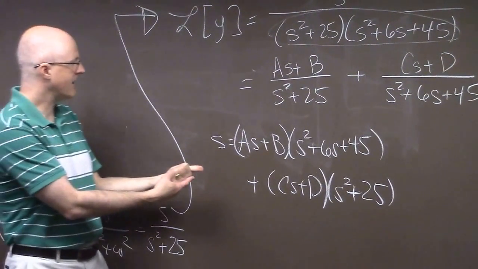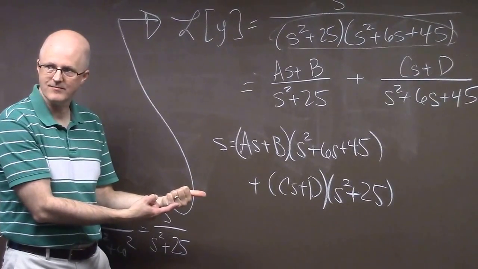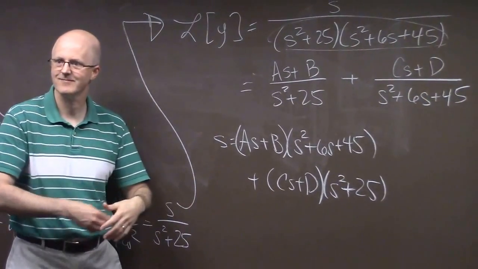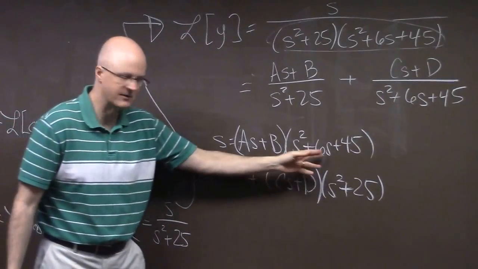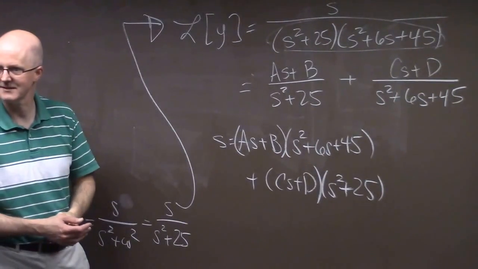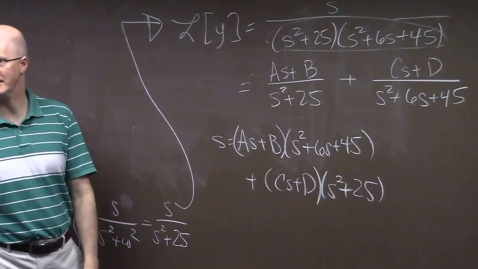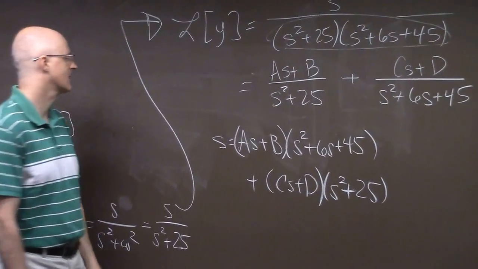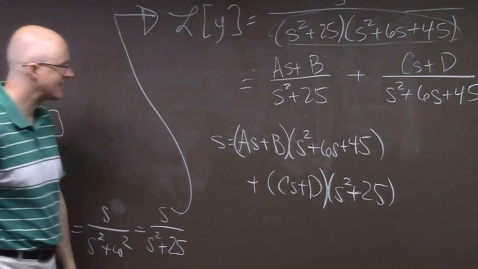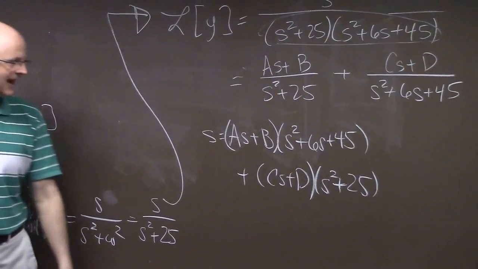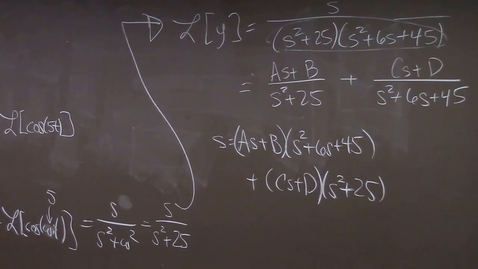You could plug in various values of s if you want. It's not real simple because things don't become 0 for real values of s. It is still beneficial, I think, to pick s equals 0 as one of the things you use. You can also expand this out to get like powers of s together.